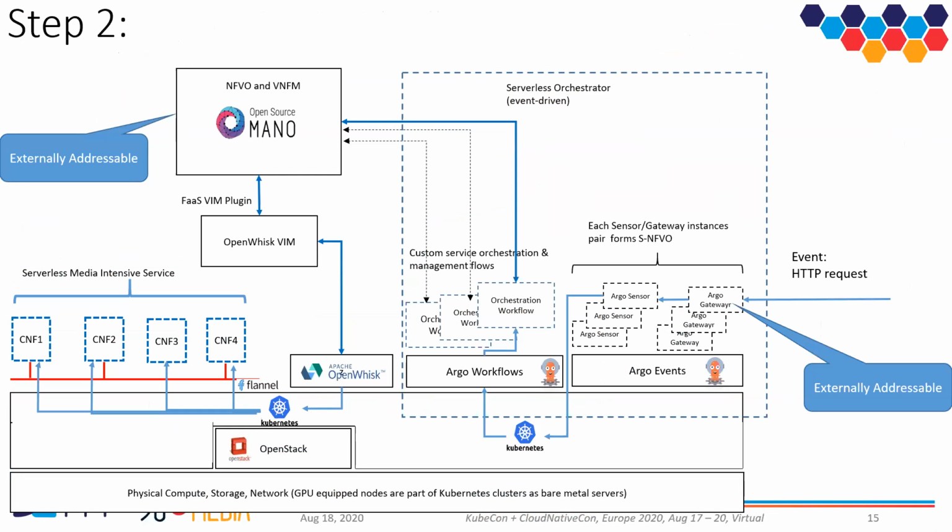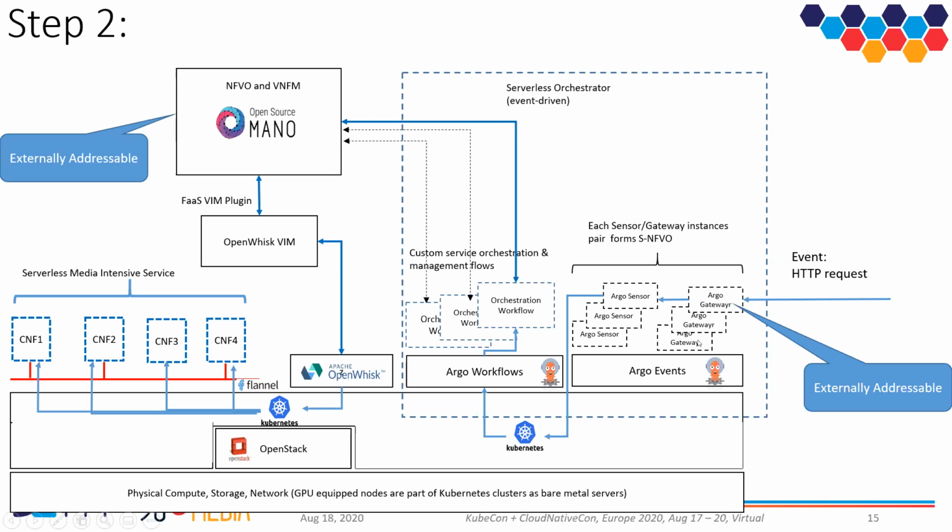But just take a look at the right part of the figure. On the left part, you have the traditional MANO stack. We still use it. Basically, the telco requirement is that the MANO tools have visibility into what's going on in this Kubernetes domain. But all the real work is delegated to Argo Workflows and Argo Events. And you see there are many of these Argo sensor and Argo gateway pairs.